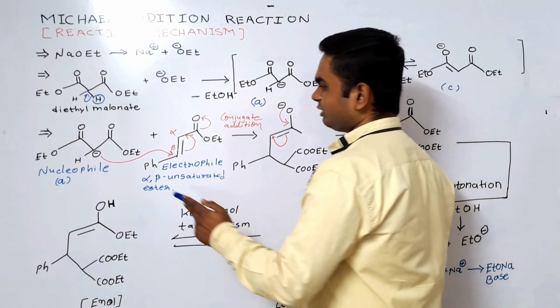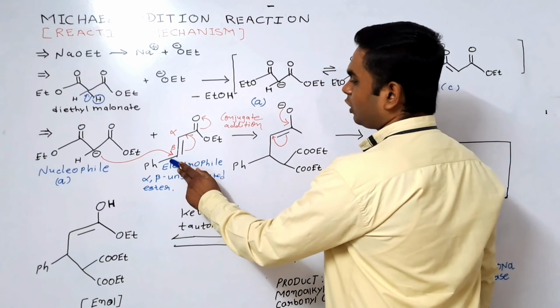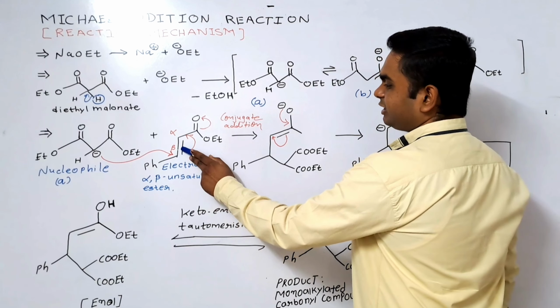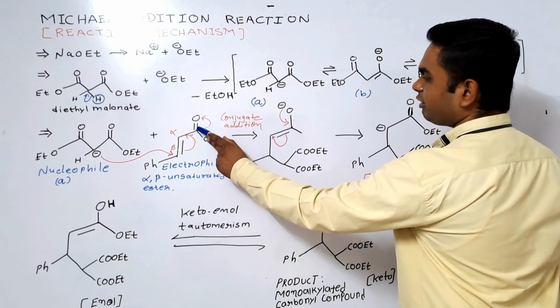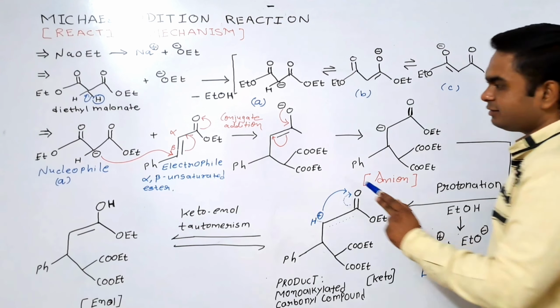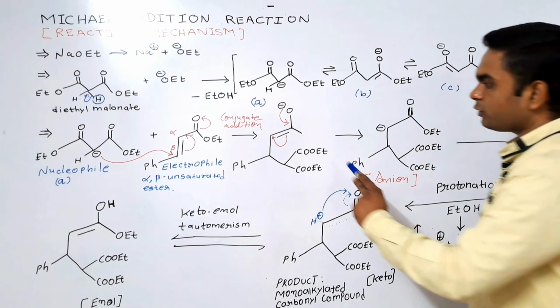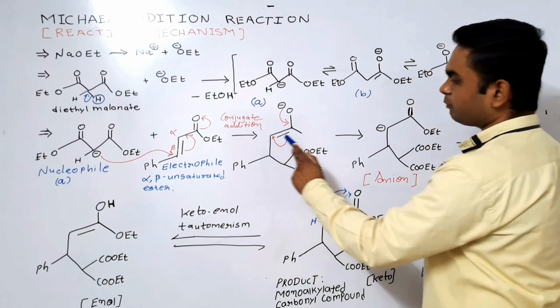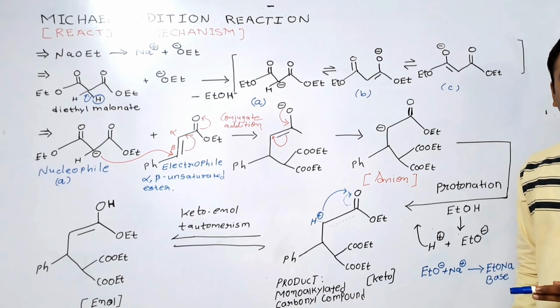In this reaction, this carbon will react with the beta carbon of the electrophile. This bond will be transferred here and the electrons of this bond will be transferred onto the oxygen, and we get such an intermediate compound. Now with back bonding of this compound, we get such an anion.